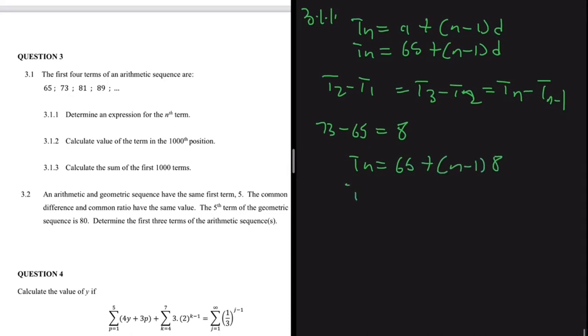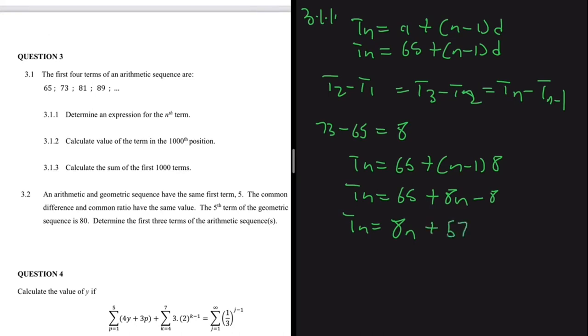So Tn will be equal to 65 plus n multiplied by 8, that is 8n, and then minus 1 multiplied by 8, that is minus 8. So now we have Tn is equal to 8n, and then 65 minus 8. 65 minus 8 is 57. So we're going to have plus 57 here, and then we have our general formula.